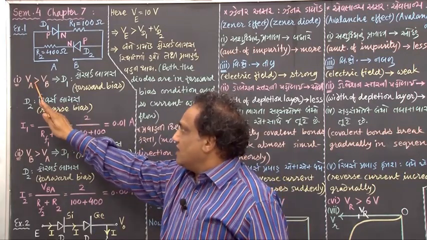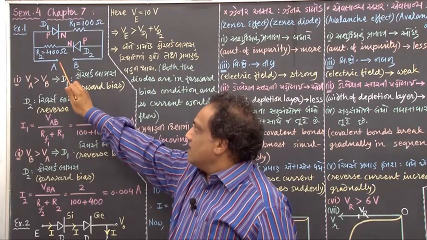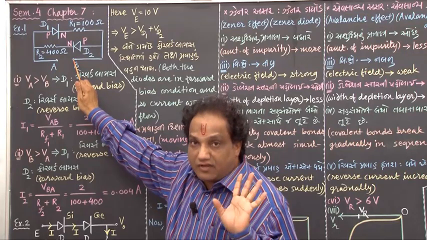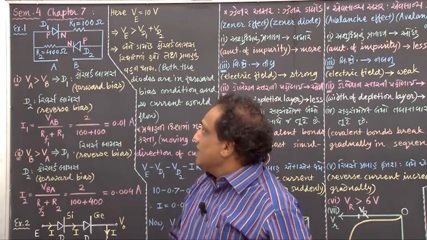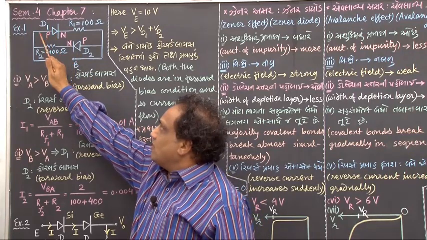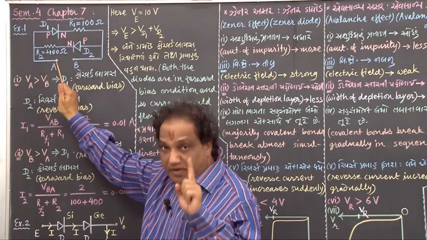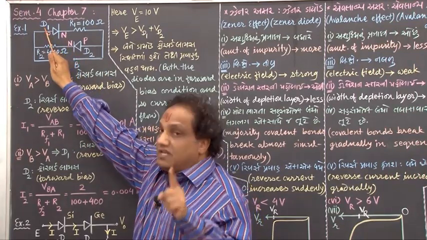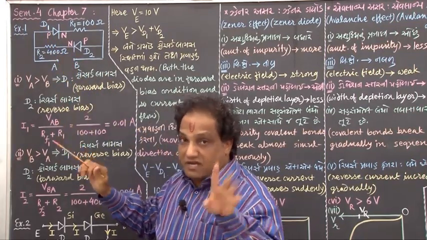First of all, VA greater than VB. In short, here the terminal connected is positive and here the terminal connected is negative. Okay, fine. Now tell me, for this particular diode, P with positive, N with negative. So this diode D1 is right now forward biased.